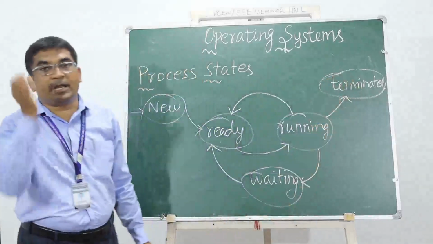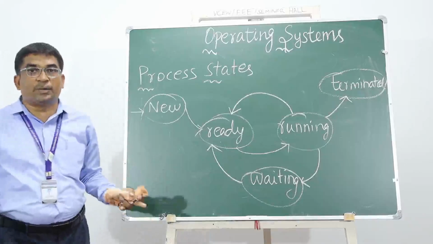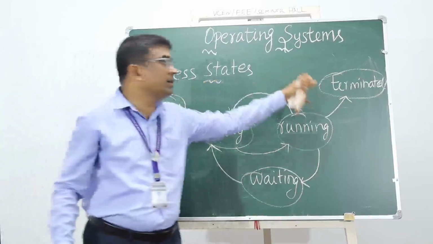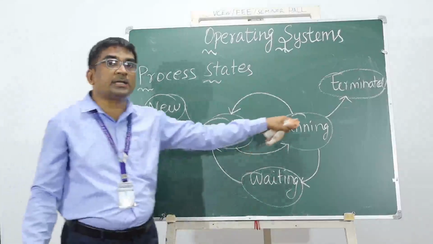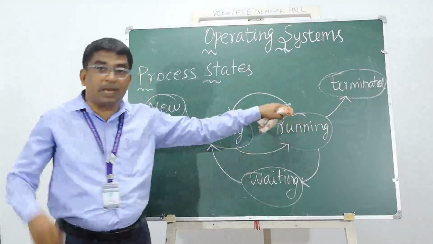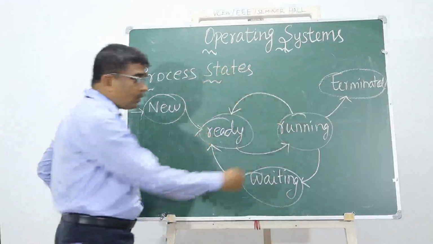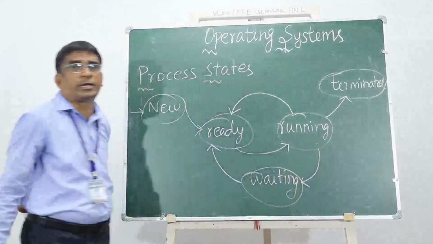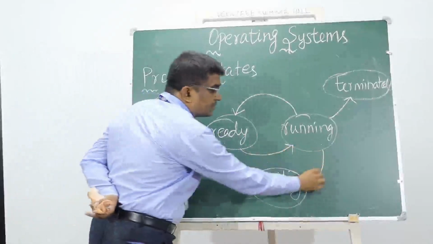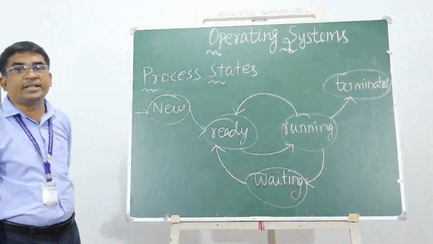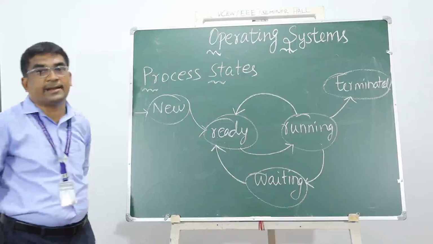But here we cannot give any guarantee that any interrupted process will go directly to the terminated state, because it is already in an interrupted state. That interrupted process may again go to the ready state. And if an input output request is not granted immediately, the running state process goes to the waiting state, and this waiting state process is also forwarded once again to the ready state.